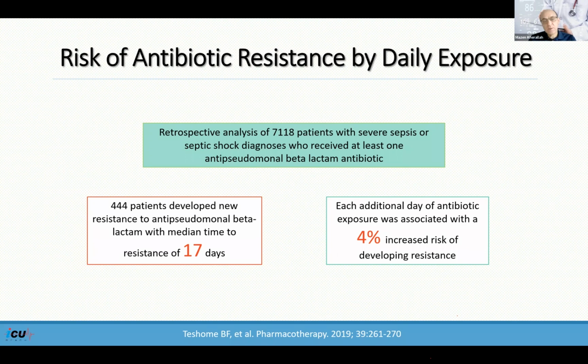It showed an increased rate of resistance to the anti-pseudomonal beta-lactam antibiotic. On average, the median time was 17 days, and every additional day is associated with a 4% increase in developing resistance.